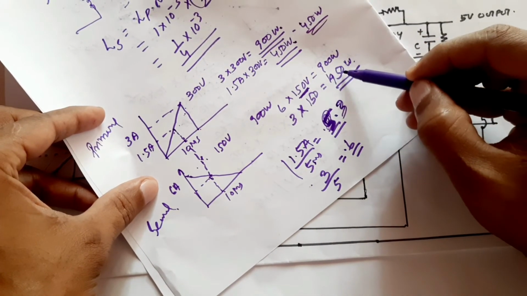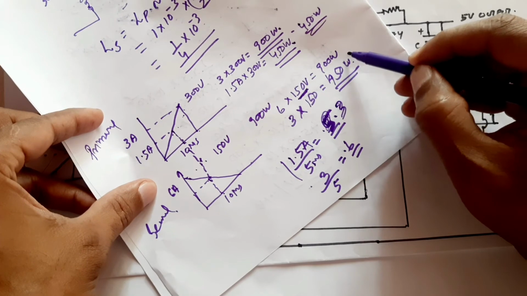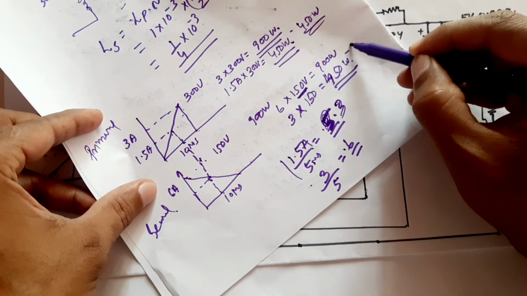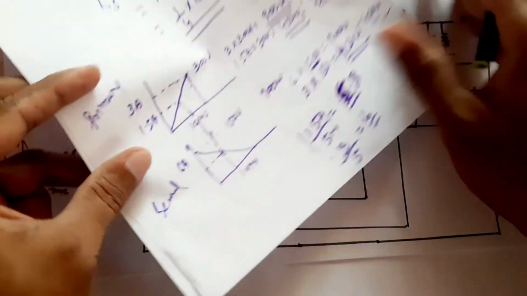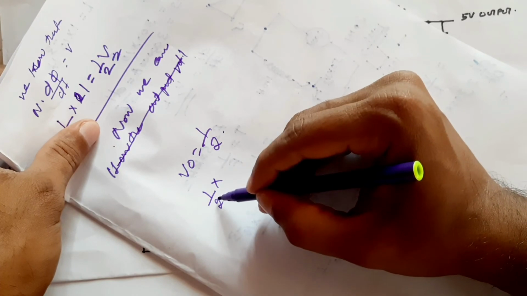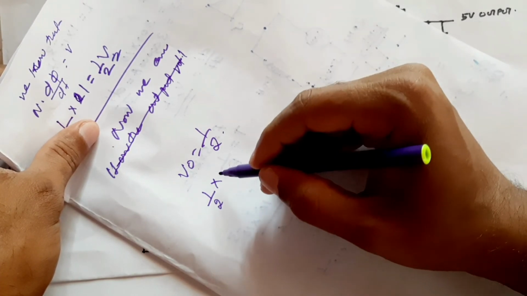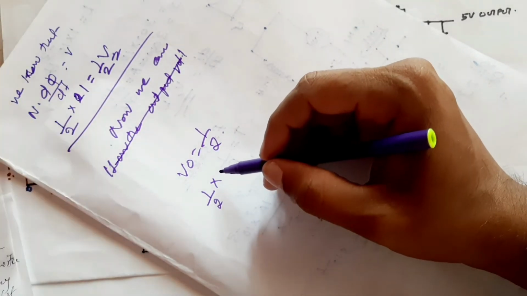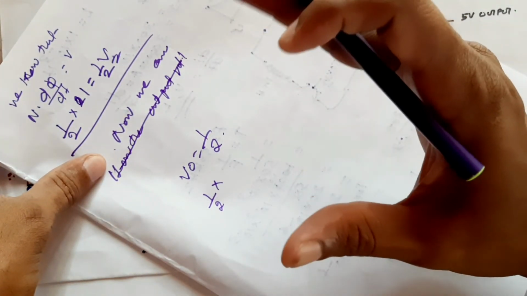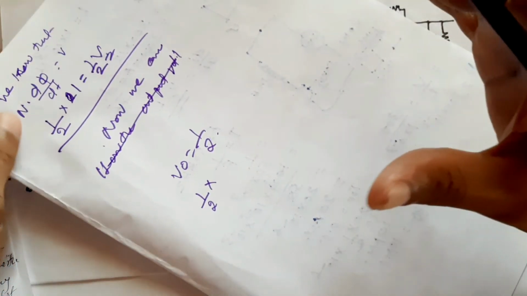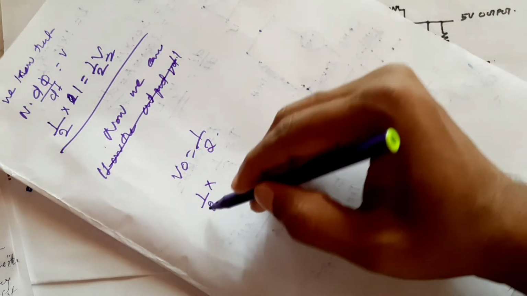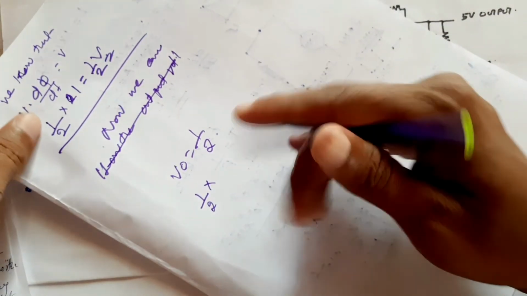And here also, after 5 microseconds, the energy changes from 900 to 450 watt. The change in energy is the same, but the number of windings is half. Change in energy means the flux is changing in the same way, in the same time. That means the rate of change of flux is the same, but the number of coil turns is half.